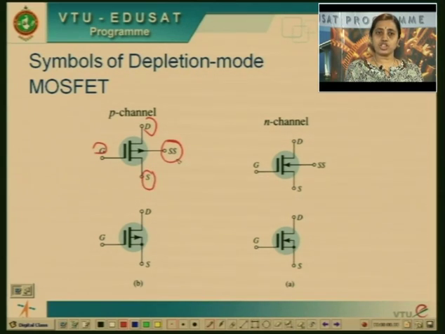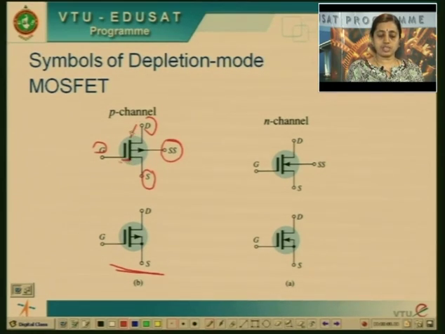Suppose substrate connection is already available or internal substrate connection is already made, then the symbol of the MOSFET is as shown here. Look at the arrow mark. This arrow mark indicates the source is being connected to this substrate connection. Now, observe the distance between the gate and the channel. This straight line represents the channel, and this node represents the metal gate.